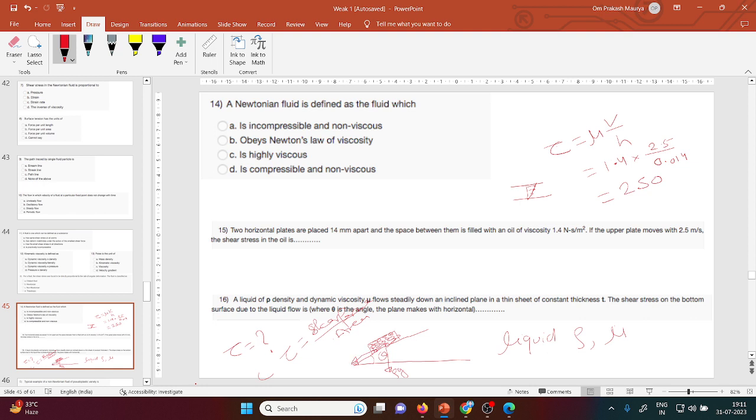The component rho g h sin theta is in this direction, and the other component is rho g h cos theta. We are interested here in the shear force, that is the tangential force. So here the tangential force is what?